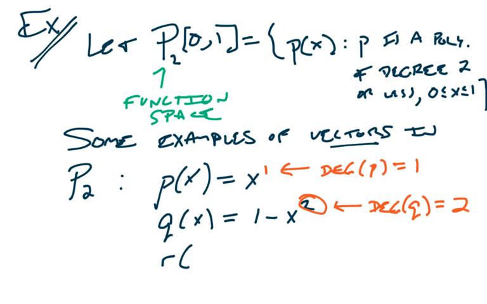I could have r of x just be, I don't know, a constant. Let's say it's just equal to the number 4. This is degree 0. So all three of these things do live inside of P2.